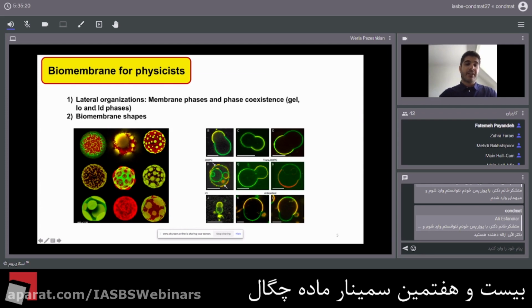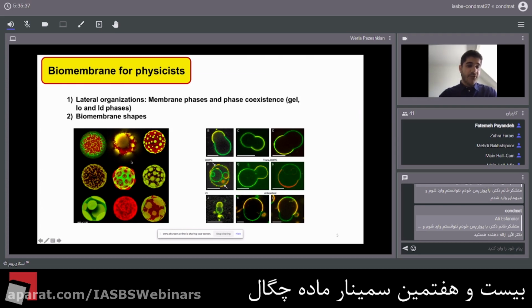One of them is lateral organization. These membranes exhibit different phases. For example, at a very low temperature, they go to a gel phase. At a high temperature, they go to a liquid disordered phase.